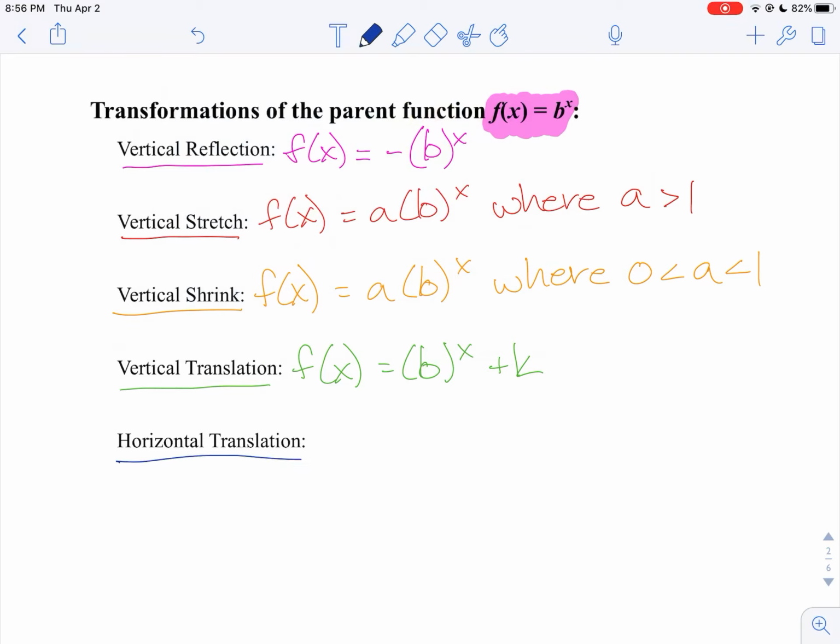And a horizontal translation would happen if we put a value inside the function, by that I mean inside the exponent with the x. If we made our function b to the power x minus h, then we are going to shift our graph left or right. And remember, because that negative sign is built in, it's going to shift the opposite way that we think it is. So I always say when it's inside, it does the opposite.